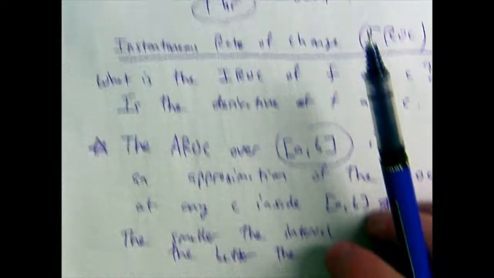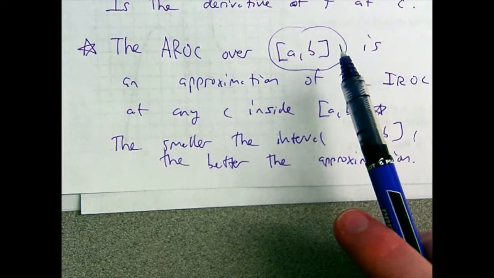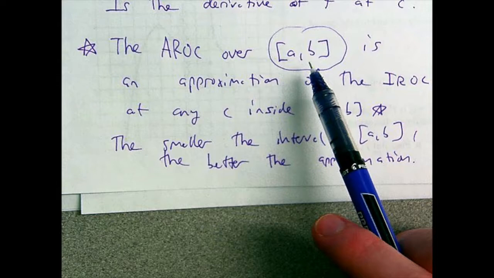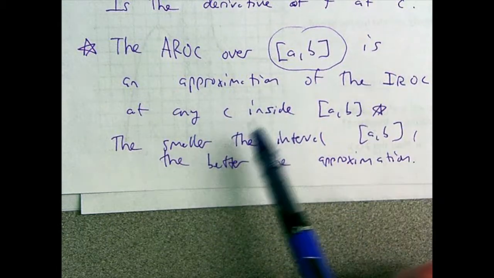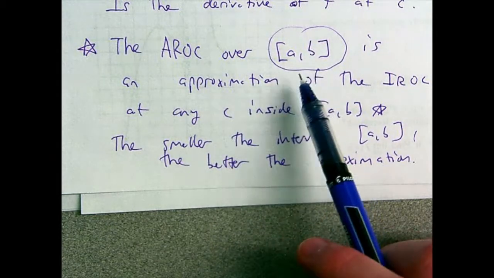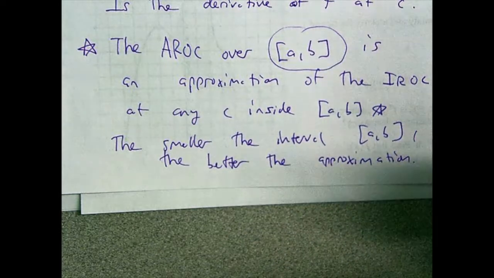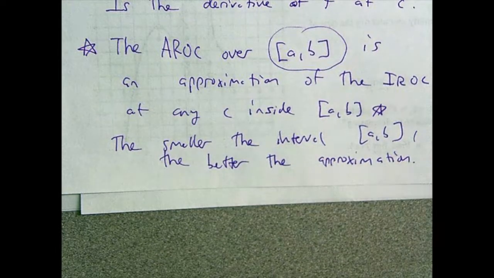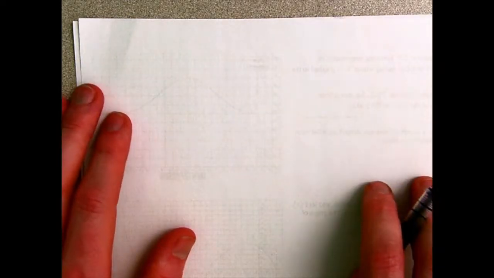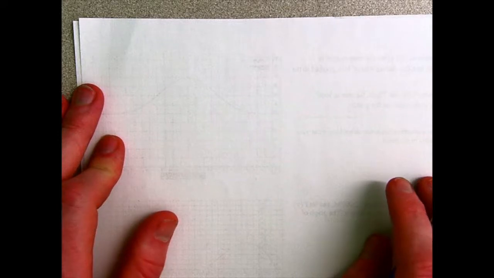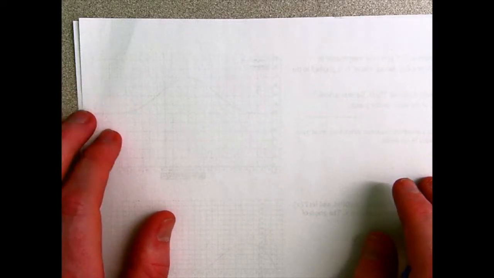Okay, so the average rate of change over an interval is an approximation of the instantaneous rate of change at c for any point c inside that interval. Furthermore, the smaller the interval, the better the approximation. So there's just one more thing that I want to tell you about how the average rate of change approximates the instantaneous rate of change.